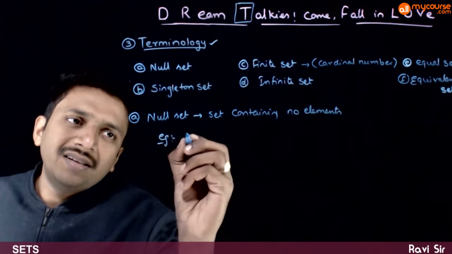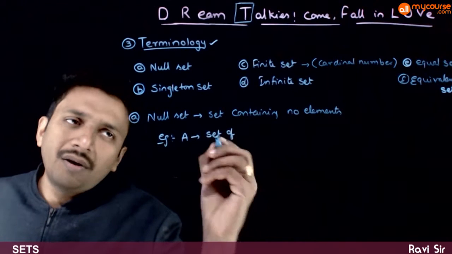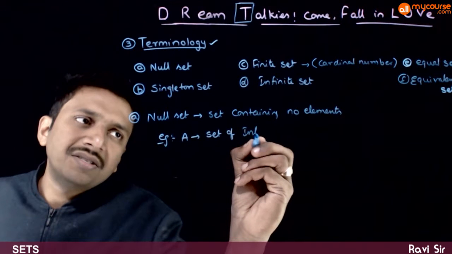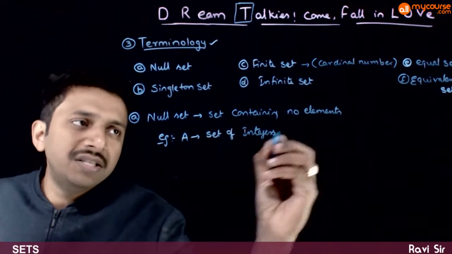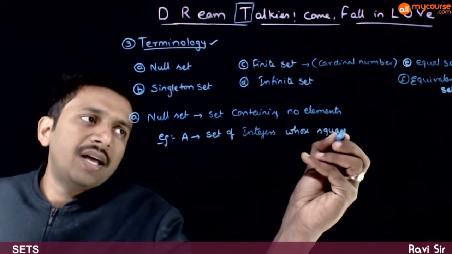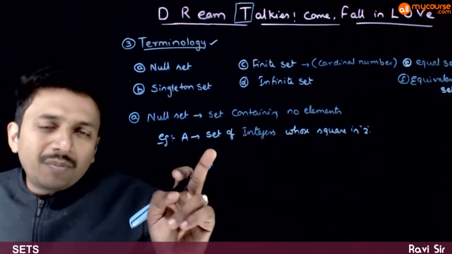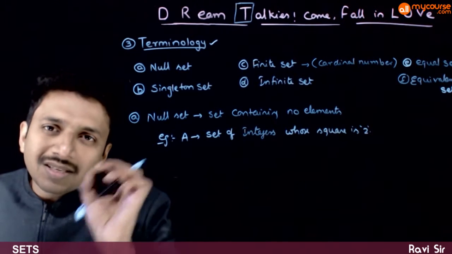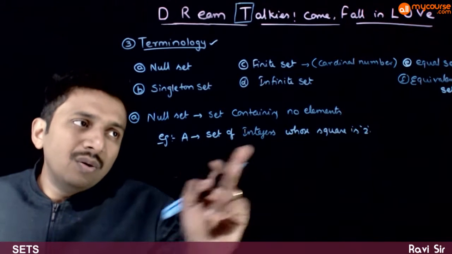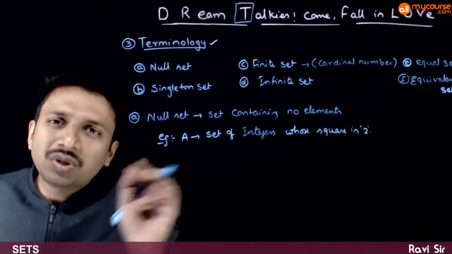Example, if I write A is the set of integers whose square is 2. So I want the set of integers whose square is 2. So is there any integer whose square is 2?